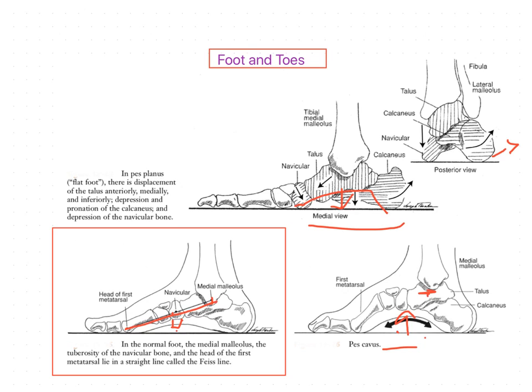And for the toes, we can consider here also the hammer toe, claw toe and hallux valgus. Hallux valgus is an increase in the medial angulation of the first metatarsophalangeal joint. So these are the deviations we can see in the foot and toes.